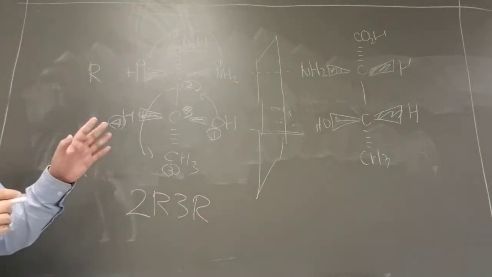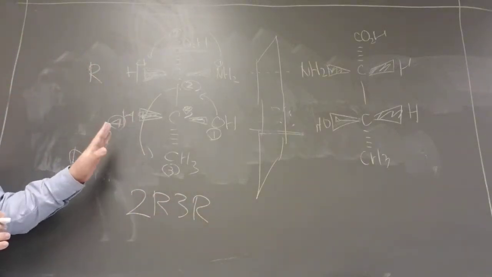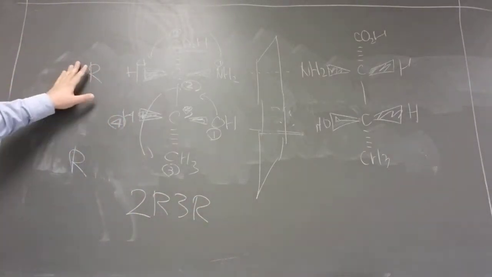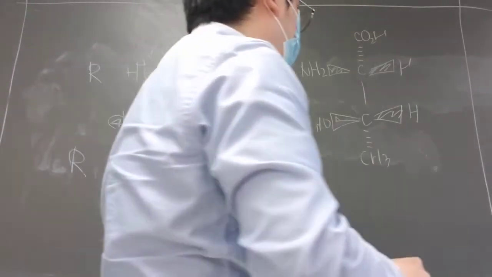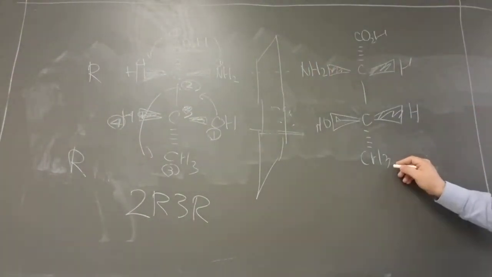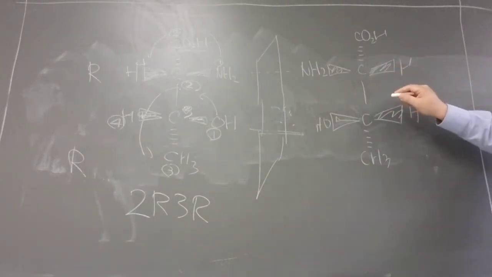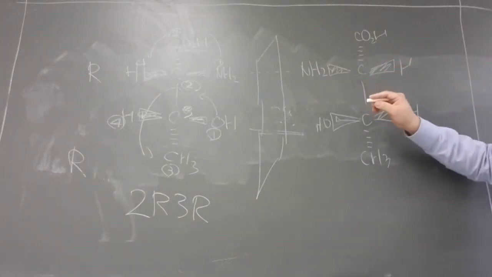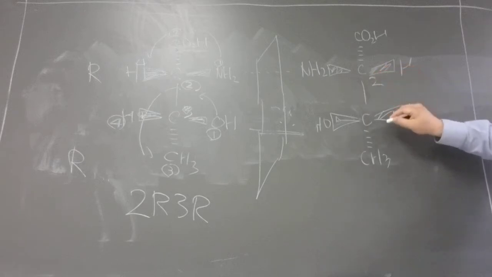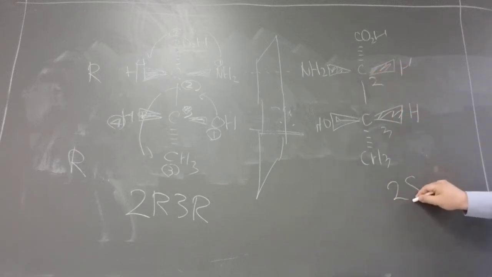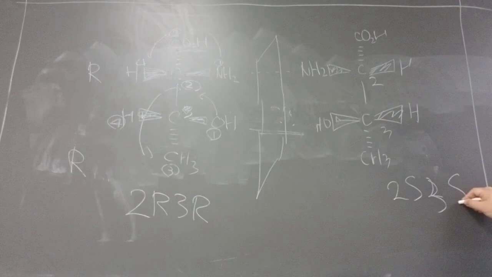Okay. So if you draw the mirror image of this one, which we know is 2R, 3R, then here it's going to be automatic. You don't even have to do the counting or the convention. It's literally just 2S, 3S.